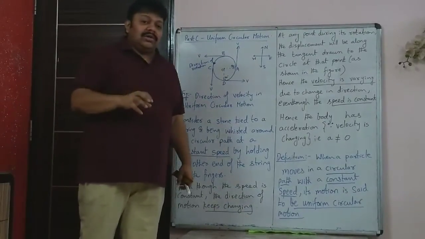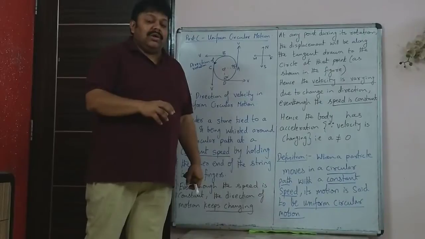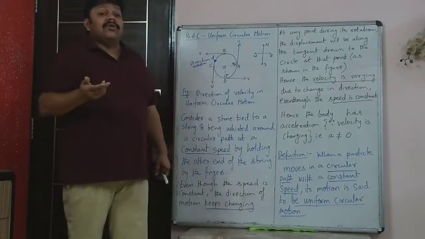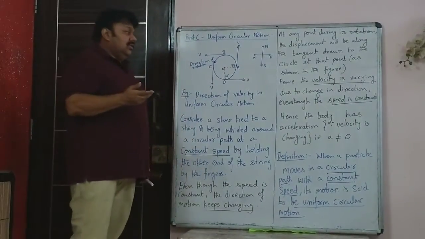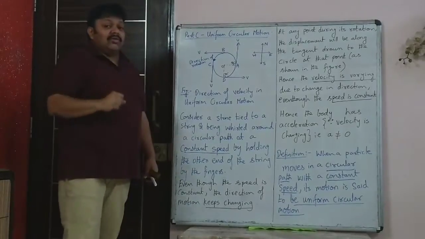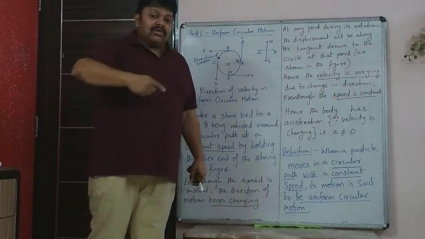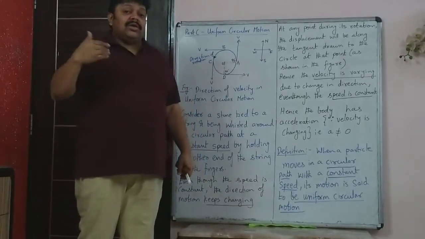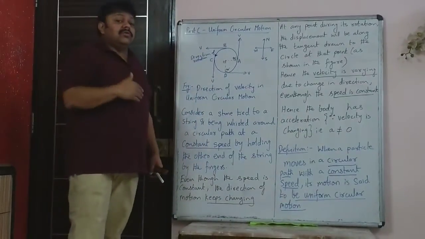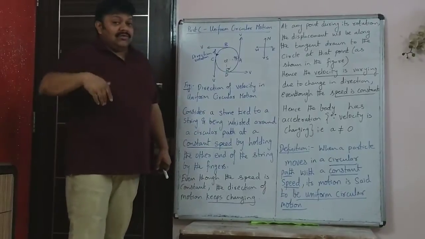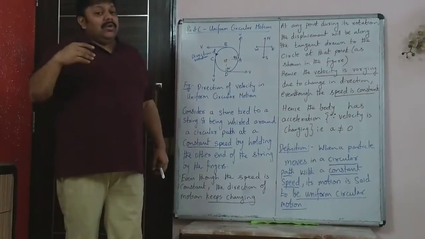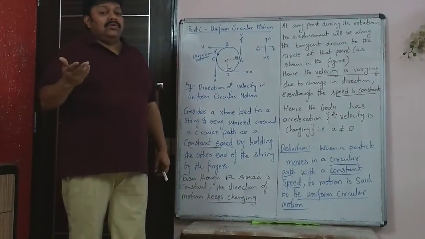Why is the velocity variable? The velocity is variable because the direction of motion keeps changing. So that's one thing that you have to know about uniform circular motion. Speed is constant, but velocity is continuously changing due to change in direction. Now if velocity changes, the body is having acceleration.